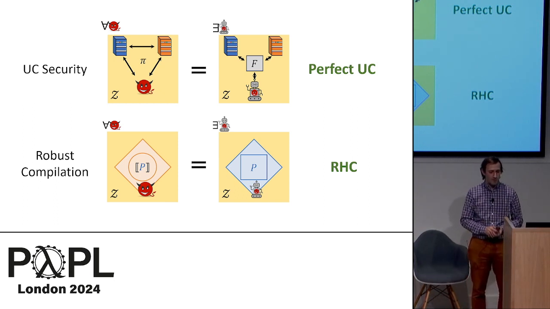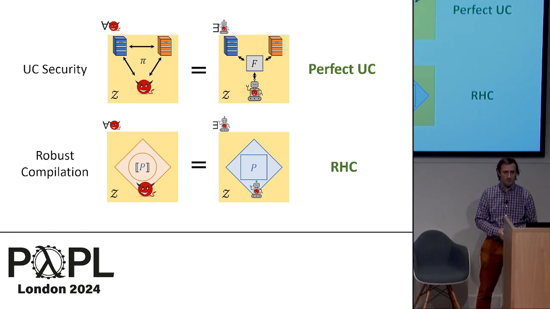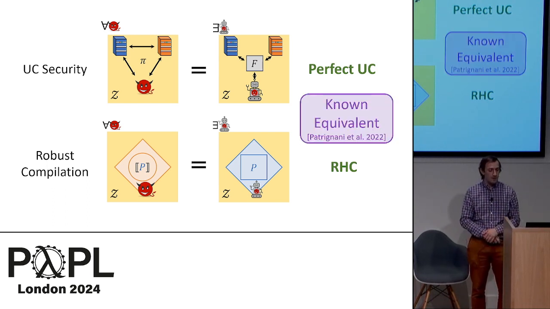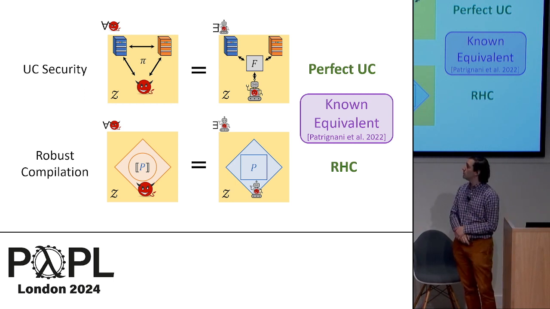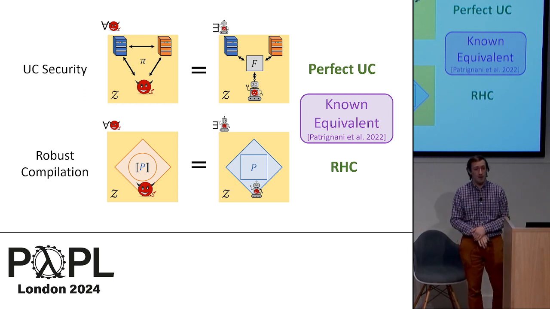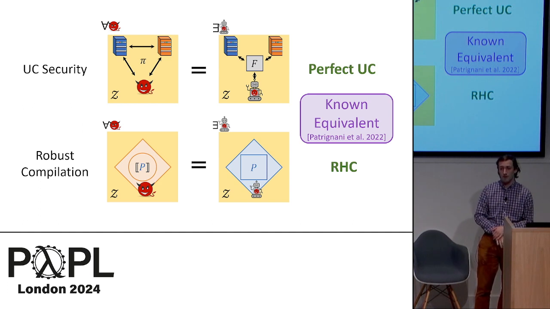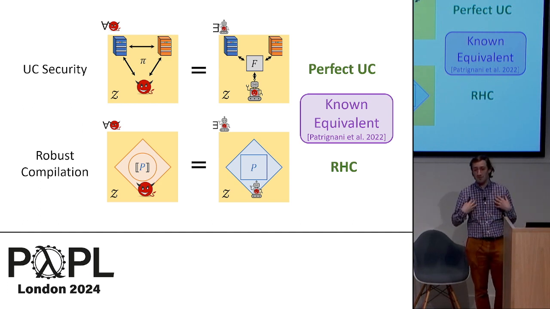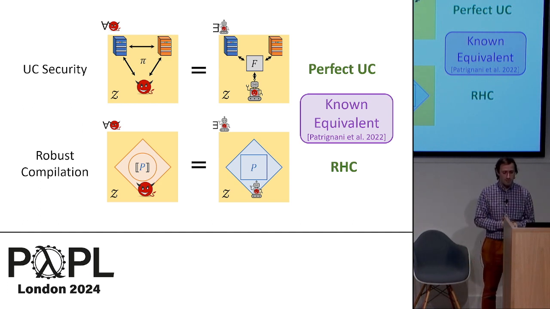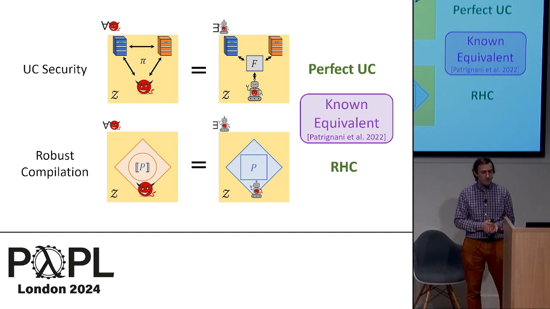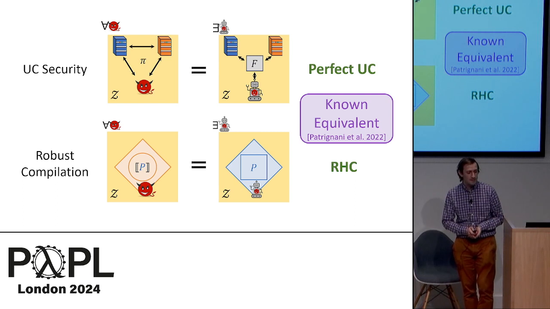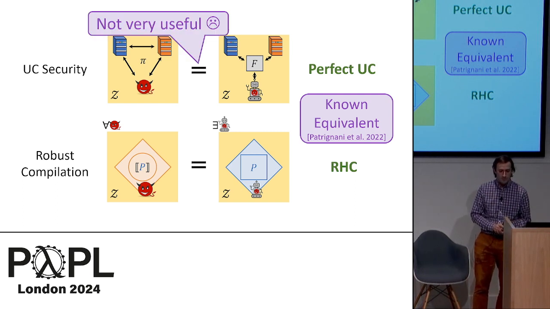And thanks to some work by Marco, as well as my co-author on this, Robert Künnemann and Riyad Wabi, we actually know that these do fundamentally, deeply represent the same thing. That's not new to me or to the paper I'm talking about here. But unfortunately, on the UC side, that equality symbol is kind of a problem.